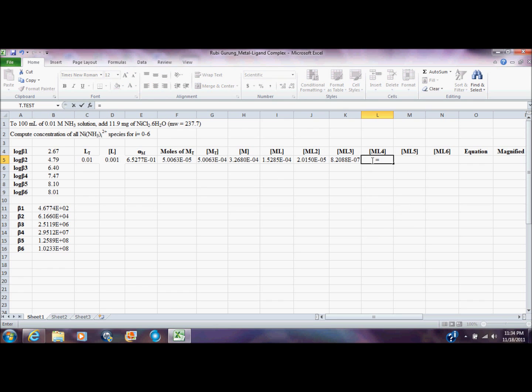ML4 will be equal to beta 4 times M times L raised to the power 4. ML5 will be equal to beta 5 times M times L raised to the power 5. Similarly, ML6 will be equal to beta 6 times M times L raised to the power 6.